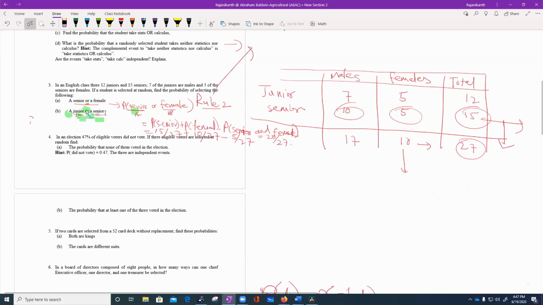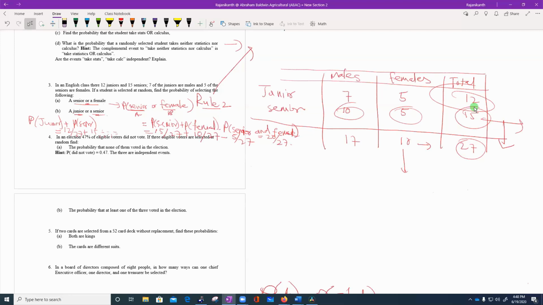So the probability of junior or senior is simply the probability of junior plus the probability of senior. Okay. Now what was the probability of junior? How many juniors are there in total? 12 over 27. Plus how many seniors? 15 out of 27. That's it. So you should get 1.